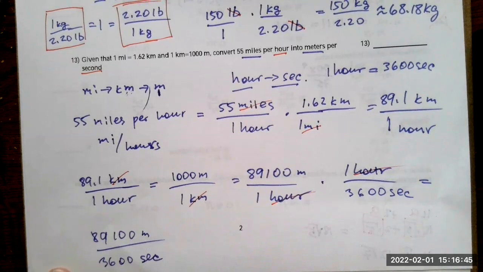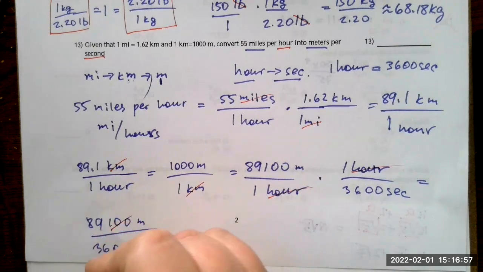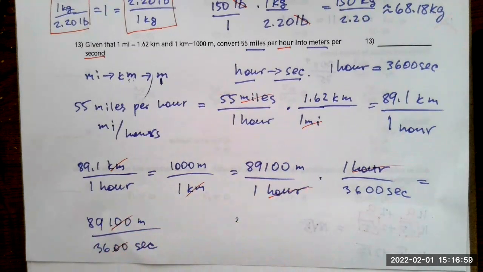So I do have meters per second now. See, the units are fine. Now we just have to divide. And you can either divide right away or first remove the factors of 100.